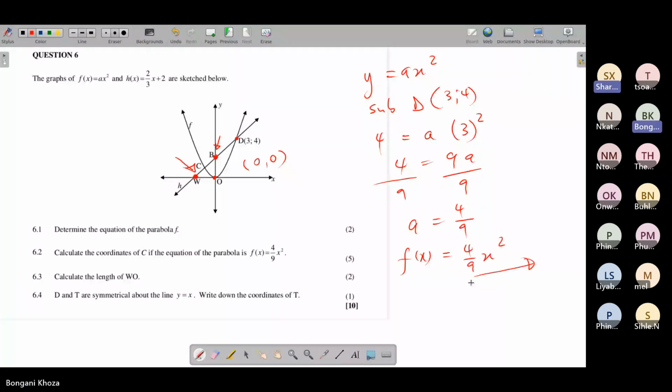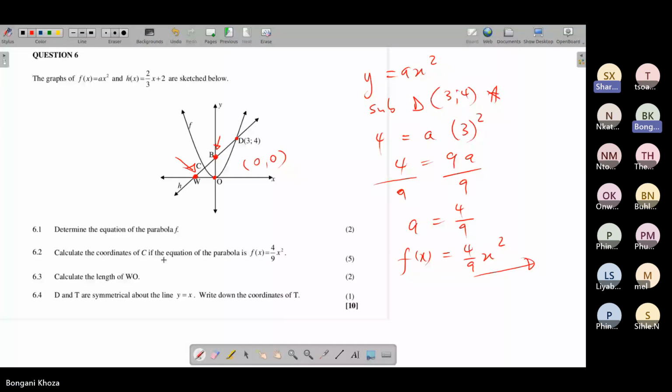All right, any question regarding that one? The only part was for you to identify that there's a point on the line you can substitute into the original equation for you to get the unknown value, which is a over here. So this is what you have. 6.2 is asking us to calculate the coordinates of C if the equation of the parabola is that.